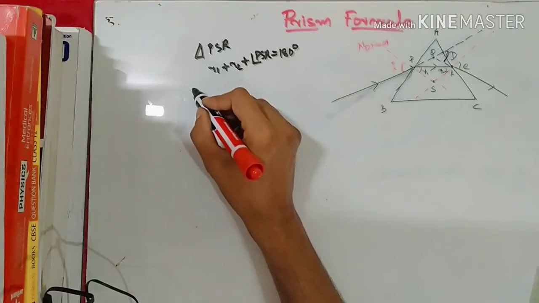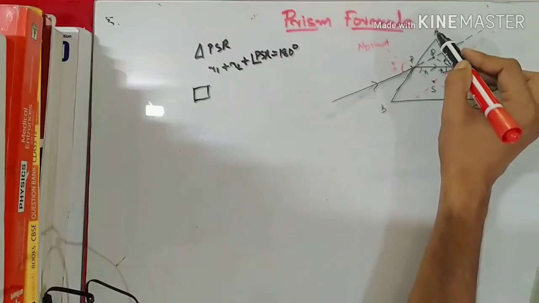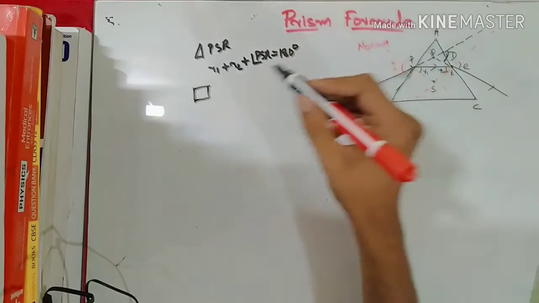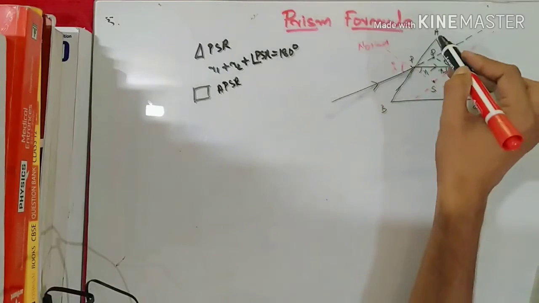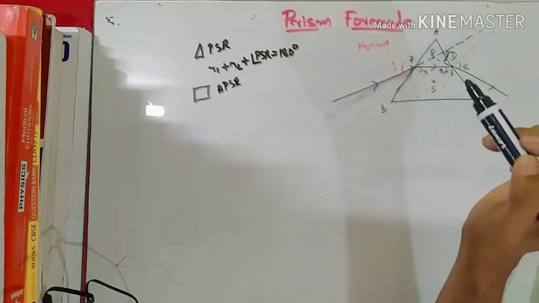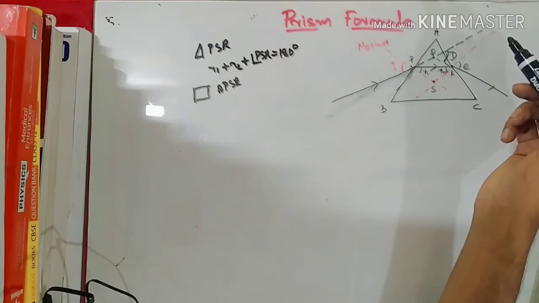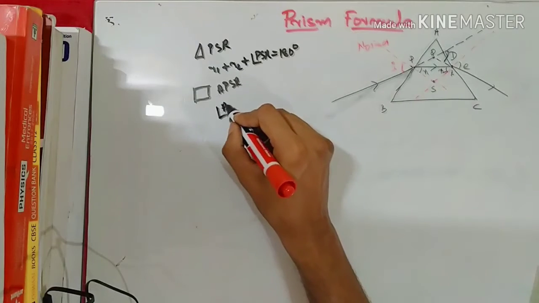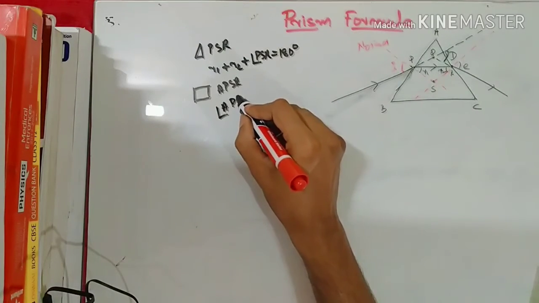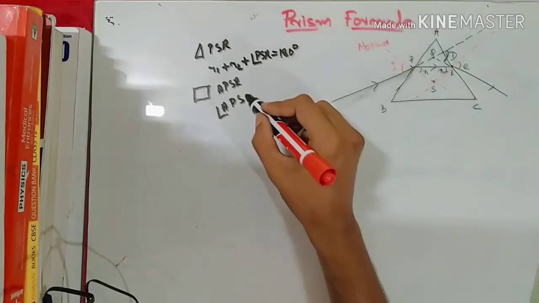Then next we are taking a quadrilateral, a four-sided structure APSR. Can you see the quadrilateral APSR? From that quadrilateral, the total sum of angles is 360 degrees, in which angle APS, the angle between the face and normal, is 90 degrees.